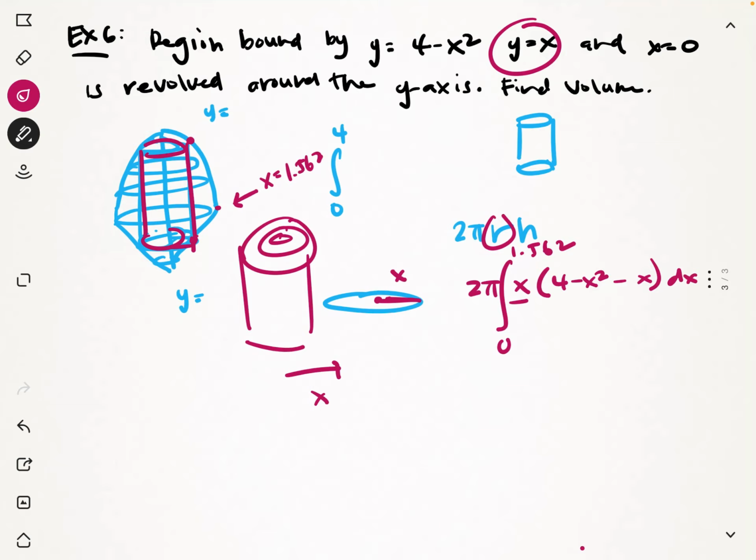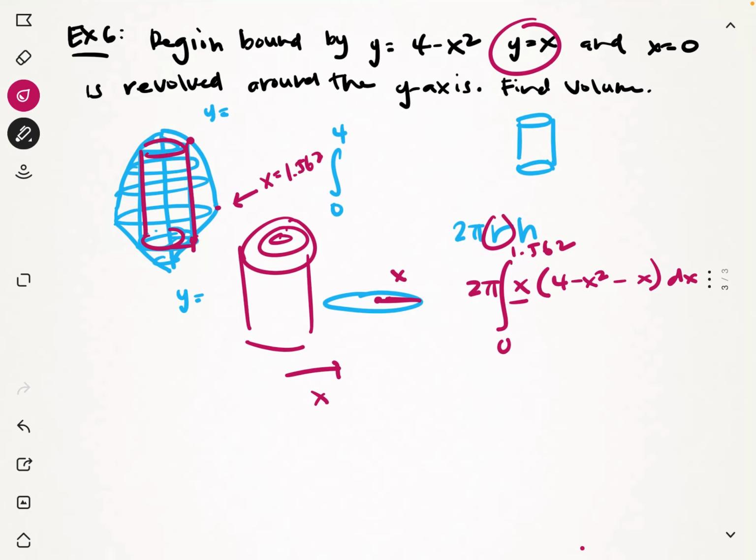Okay, so let's go ahead and use our calculators to do this one as well. So we have 2 pi, and we're doing the integral math 9 from 0 to 1.562 of x parentheses 4 minus x squared minus x dx.